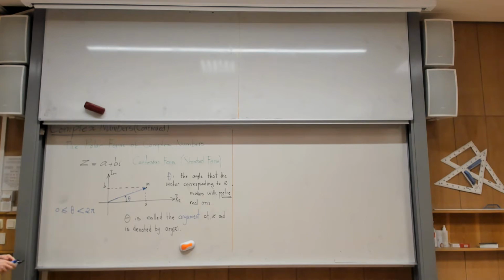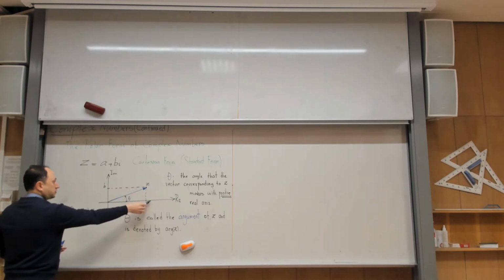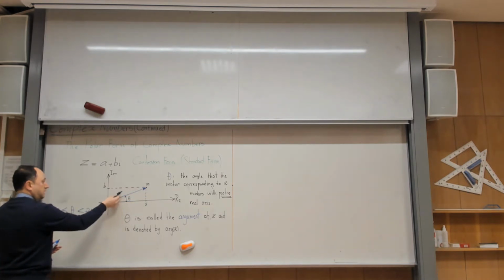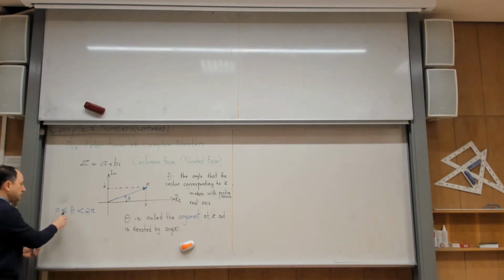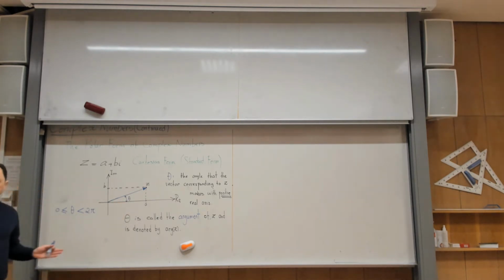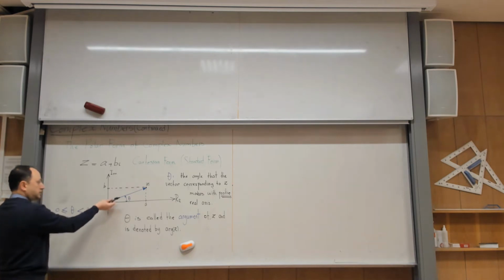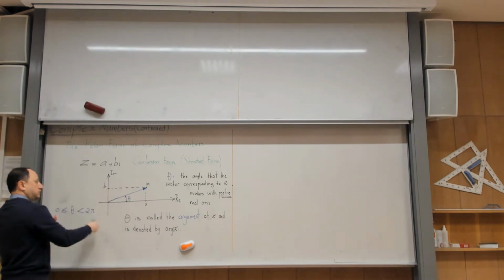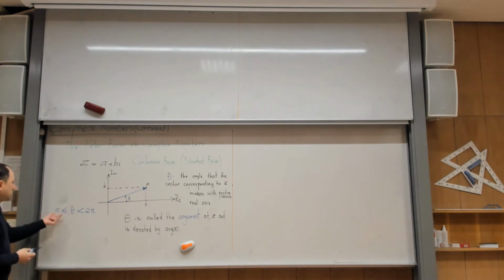That's reasonable, because the minimum possible angle is when the point lies on the real axis, the angle becomes 0, and at most it becomes 2 pi. But one of them should be included and the other excluded, otherwise I will be confused. For example, if a point is here, I can consider it 0 degrees, or I can consider it 360 degrees. So by convention, we assume that 0 is included and 2 pi is excluded.